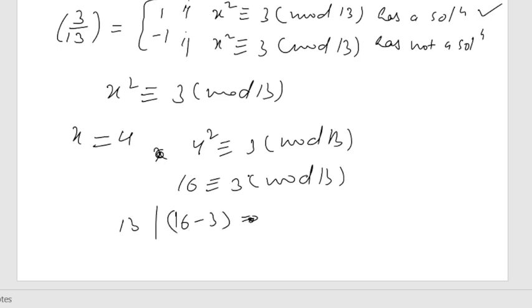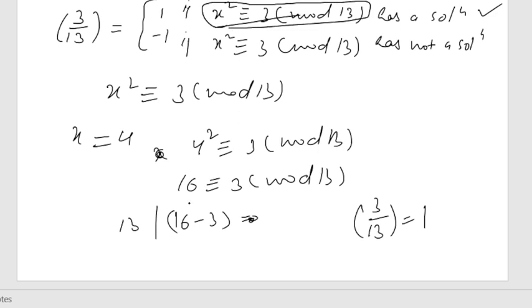So the value of the Legendre symbol of 3 by 13 is equal to 1 because this congruence has a solution. Otherwise the value is equal to -1, right? So I think it is clear.